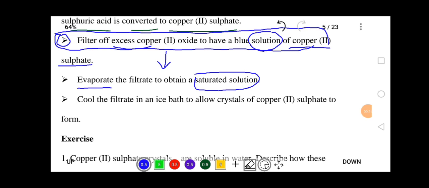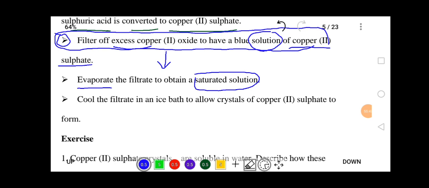What does it mean? The saturated solution is going to have just a small amount of water, and in that small amount of water, no more solute of those crystals that are going to be there will dissolve. Meaning, since they cannot dissolve, they will start forming crystals when you start cooling the solution.